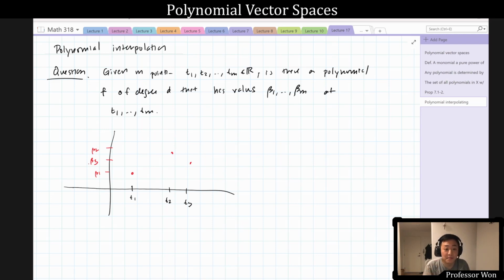This is the question behind polynomial interpolation. I give you some points. Is there a polynomial that will fit these points?